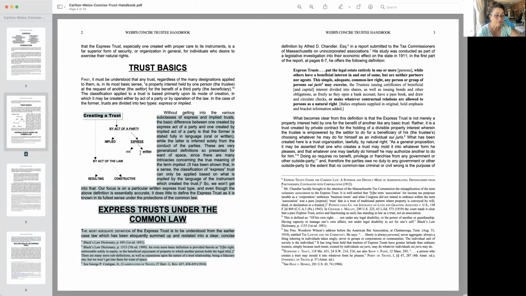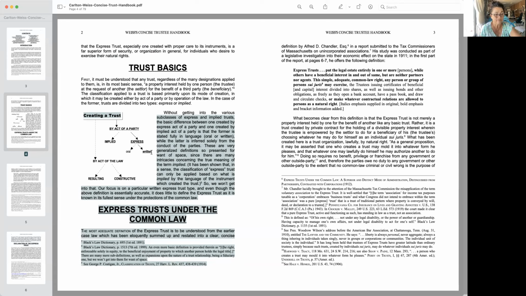And even though the above definition is essentially accurate, it does little to define the express trust as it is known in its fullest sense under the protections of the common law. Express trusts under the common law.